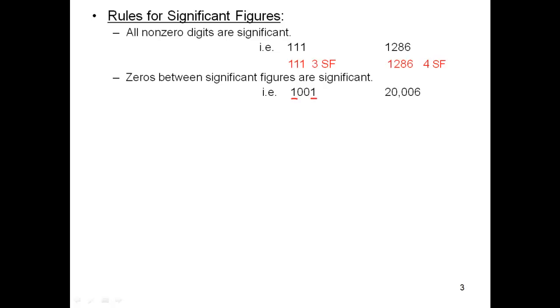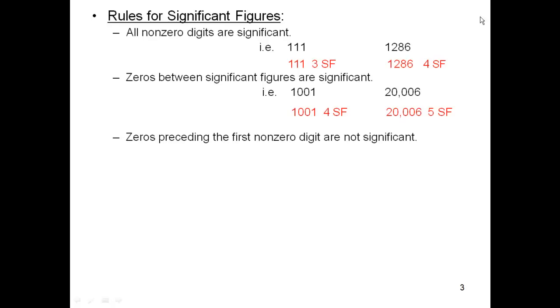That makes those zeros in between those ones significant. Therefore, all 4 digits are significant. 20,006, you have the 2 and the 6, which are significant because they're non-zero digits. That makes all the zeros in between significant. Therefore, all 5 of those digits are significant. So 1001 has 4 significant figures, and 20,006 has 5 significant figures.